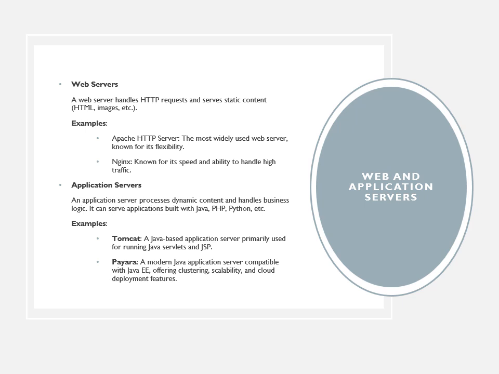Examples include Tomcat, a Java-based application server primarily used for running Java servlets and JSP, Java Server Pages. We have Payara, a modern Java application server compatible with Java EE, offering clustering, scalability and cloud deployment features. All these are things you can read further on to improve your knowledge. However, these are the basic ideas, and I think it will help.